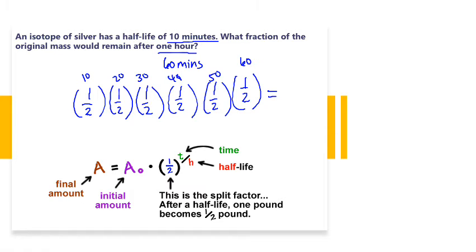And when you do that, you should get 1 over 64. So this is the fraction that we're interested in, because it's asking what fraction of the original mass would be left.